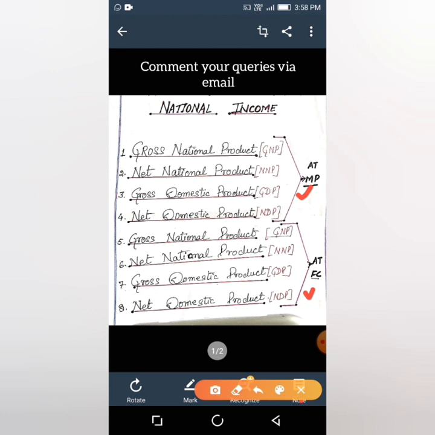Market price is the price paid by the buyer of a commodity in the market. And on the other hand, factor cost is the cost paid by the producer to the factors of production for their contribution in the production of the commodity. The difference between market price and factor cost arises due to indirect taxes and subsidies.